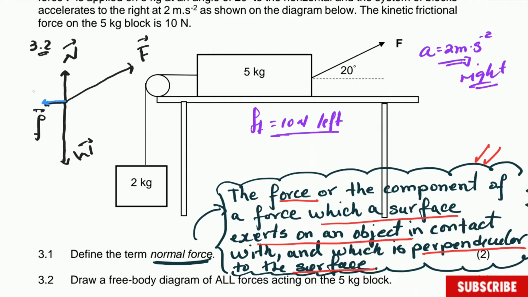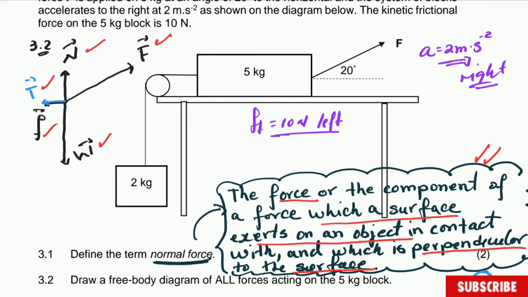This tension, I'm going to do it with blue so you can see both forces there. Note once more, you have 5 marks for that question. Therefore, there must be 5 forces.